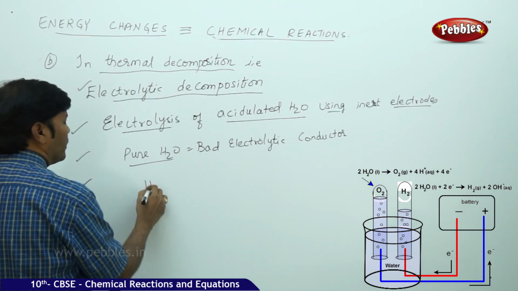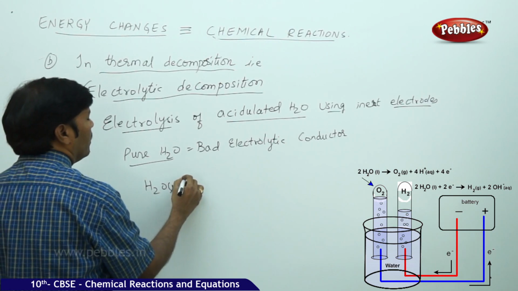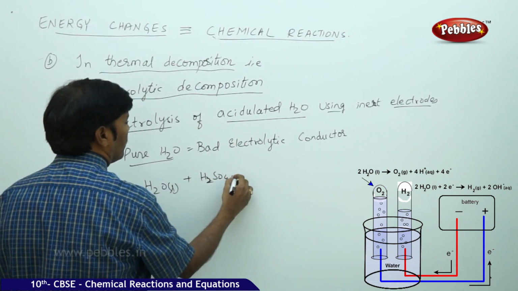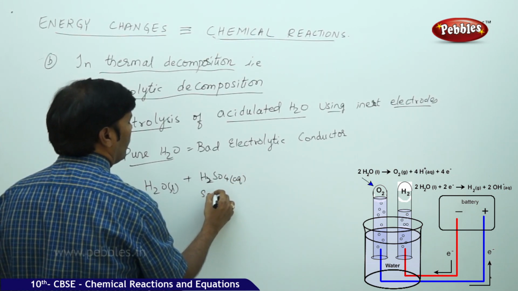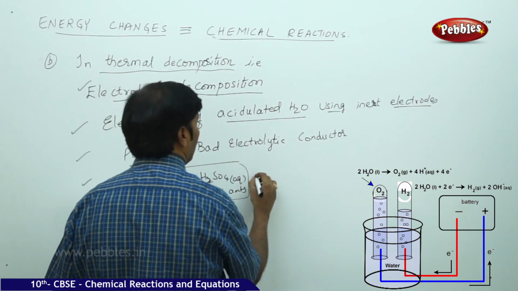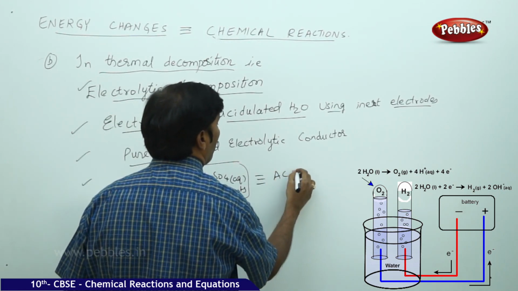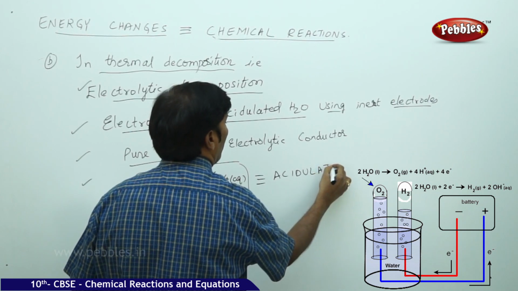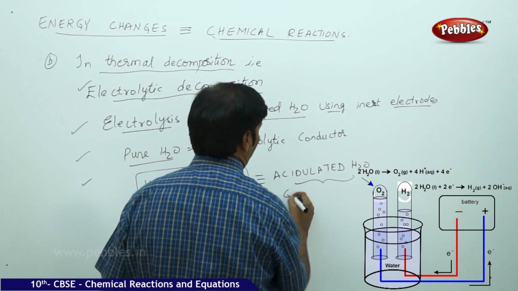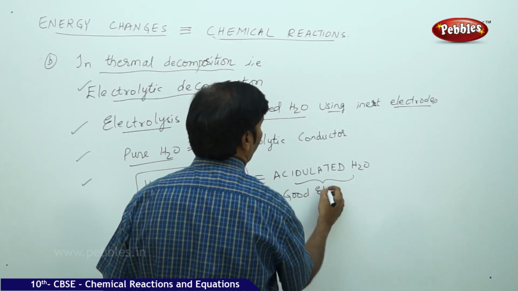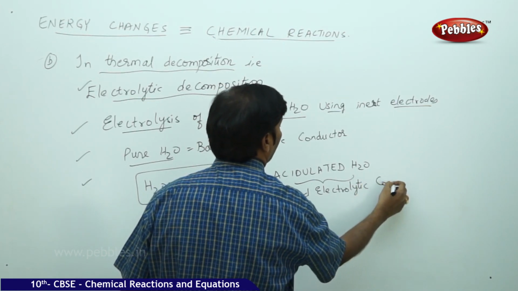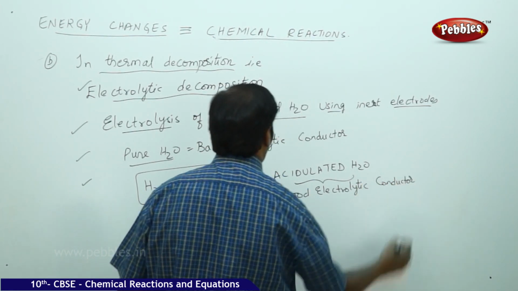When water is mixed with H2SO4 in small amounts, this turns to acidulated water, a good electrolytic conductor. So what is happening here?